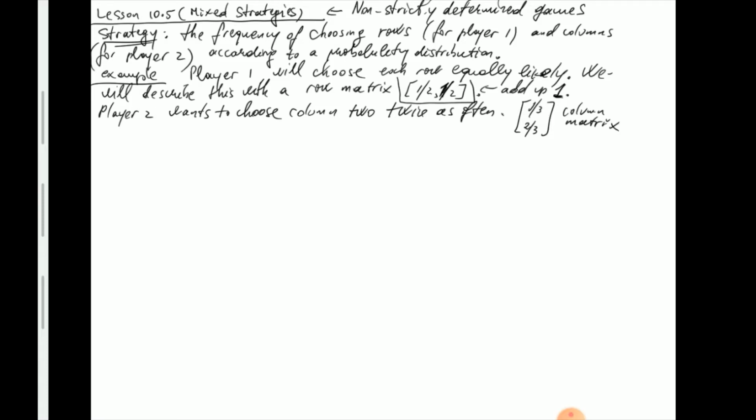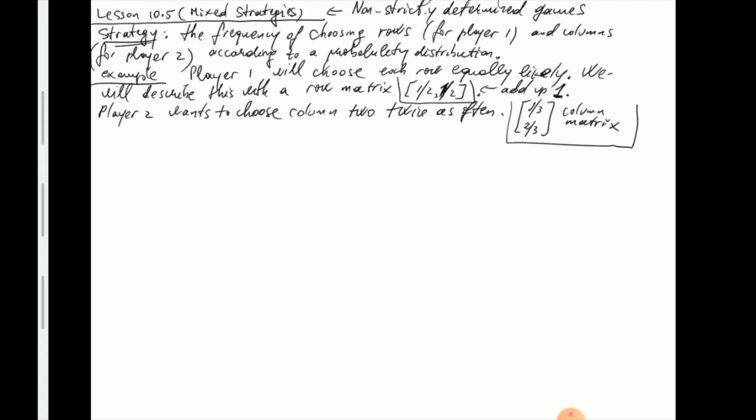So the strategy of player 2 will always be a column matrix. The strategy of player 1 will be a row matrix. But again, make sure you understand the meaning of the entries. If player 2 decides to choose column 2 twice as often, that means in order to add up to 1, the probability distribution should be 1/3, 2/3.